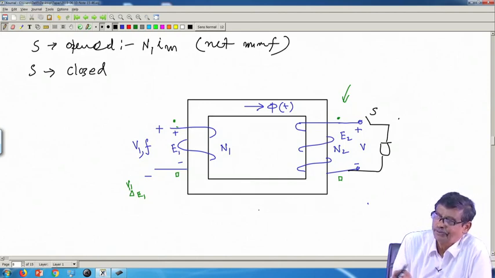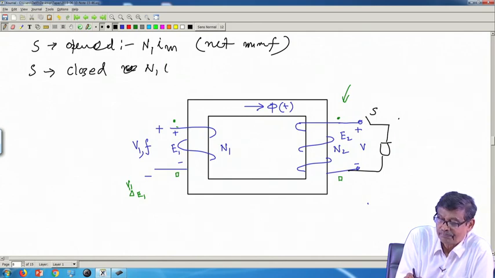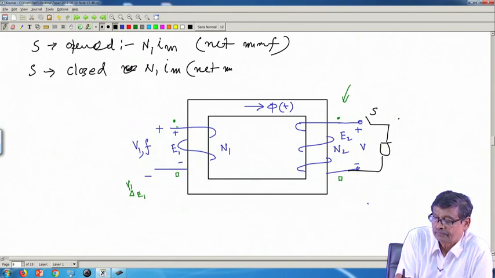So, net MMF was this. With S closed, net MMF N1 into IM must be the net MMF. Why?